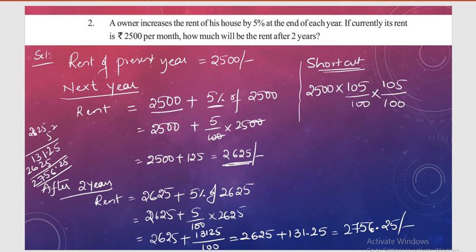For the first year it is 2500. After the first year, it changes to 2625. But again the 5% increase happens on 2625, not on 2500. If it were on 2500, we could simplify directly, and every year there would be an increment of 125 rupees, right?